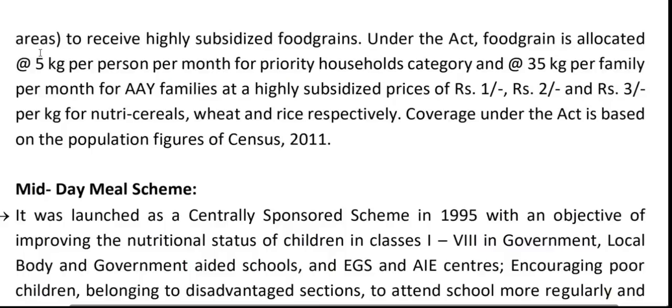As we all know, food security is of utmost importance to a nation. The concerns regarding food security in India can be traced back to the Bengal famine of 1943 during British rule.